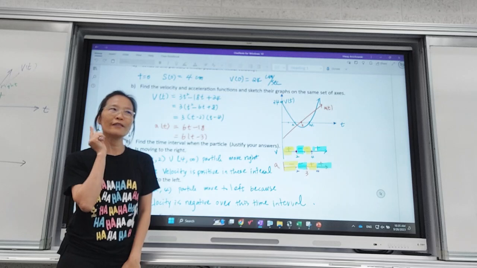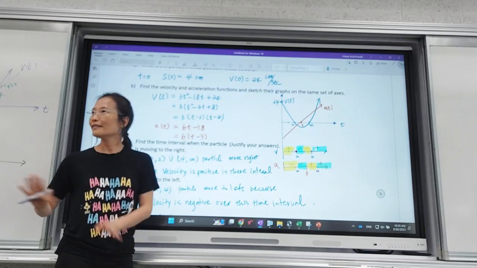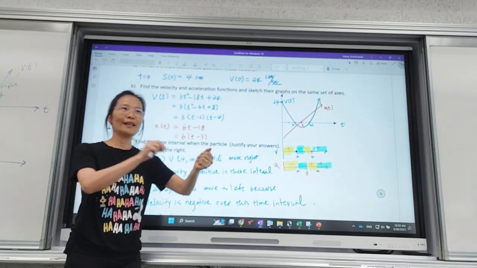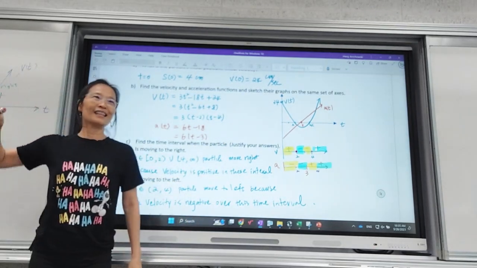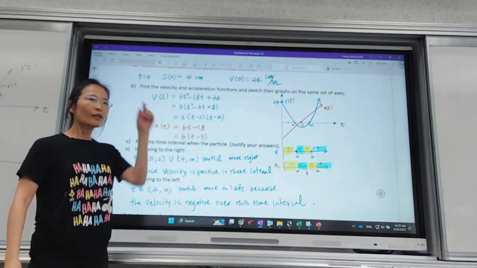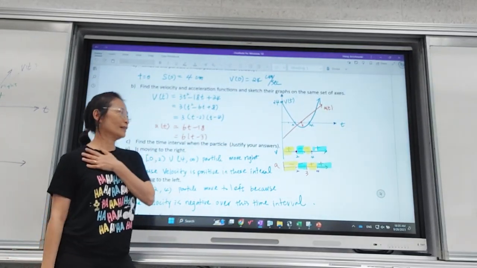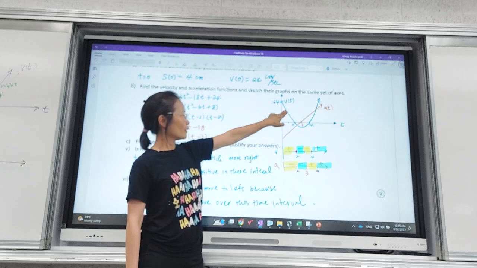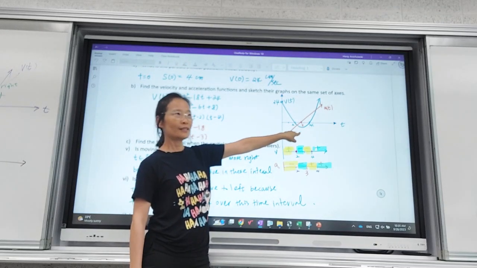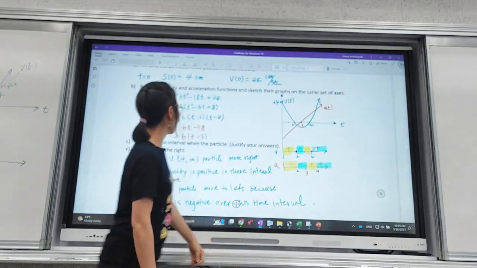You just need to look at the velocity. It doesn't have anything to do with the position. All right, if you're in position negative 100, you can still move to the right, right? So only look at the velocity for direction. Positive means you're moving to the right. Negative means you're moving to the left.